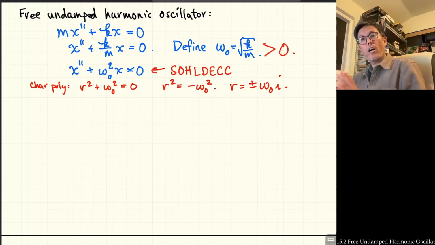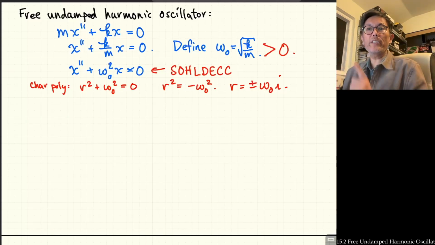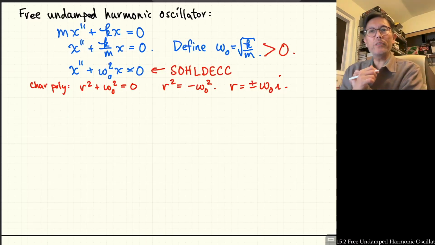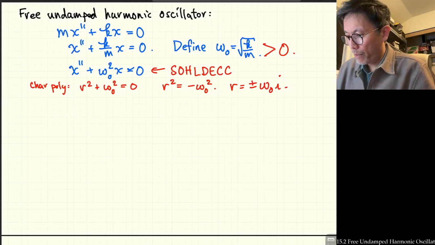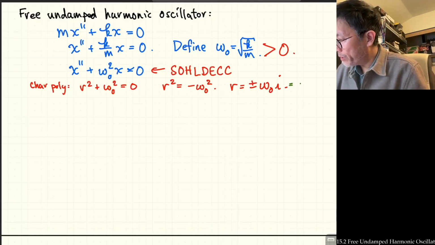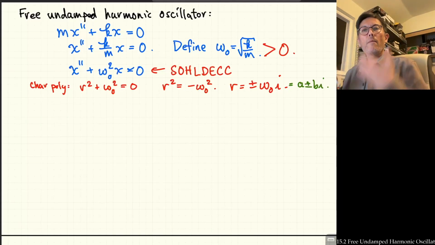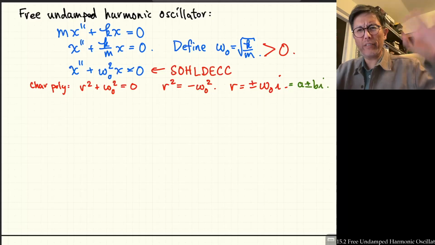That complex conjugate pair of roots is going to give rise to a pair of linearly independent solutions. We think of this, remember, as a plus or minus bi, where a in this case is 0, b in this case is omega naught, excuse me.